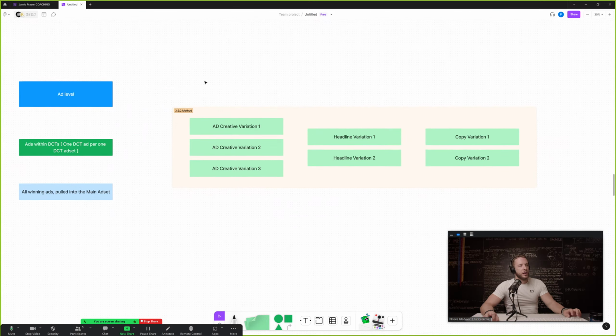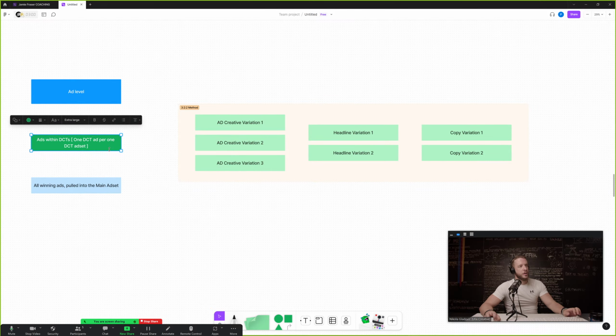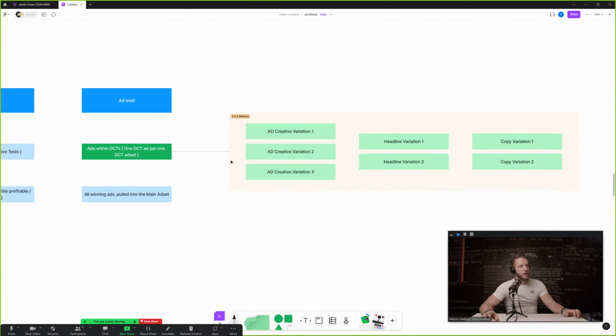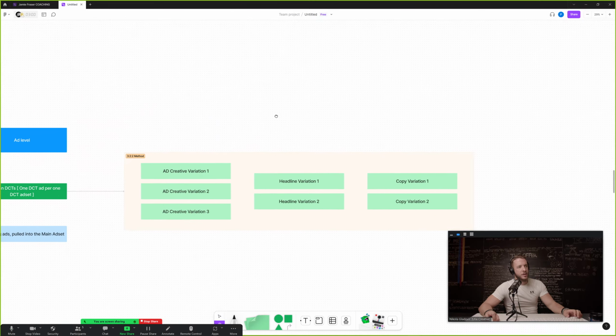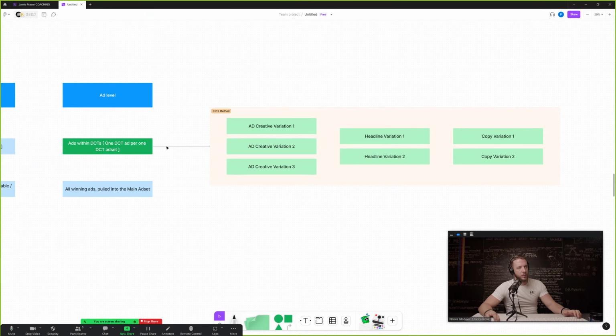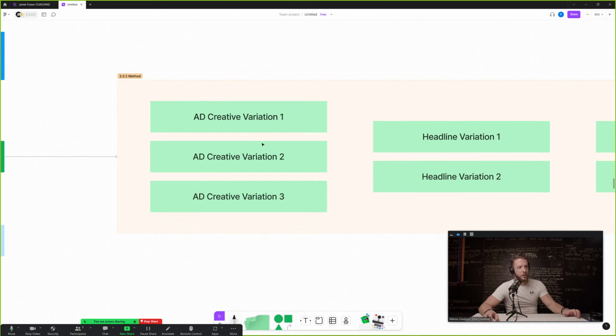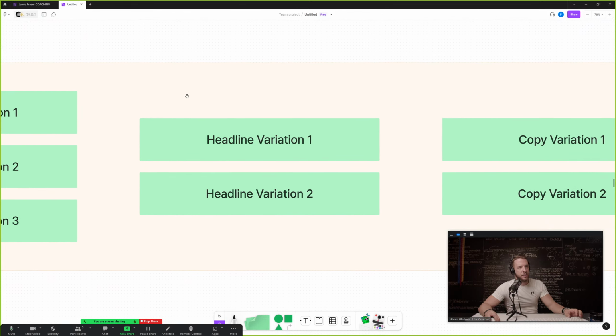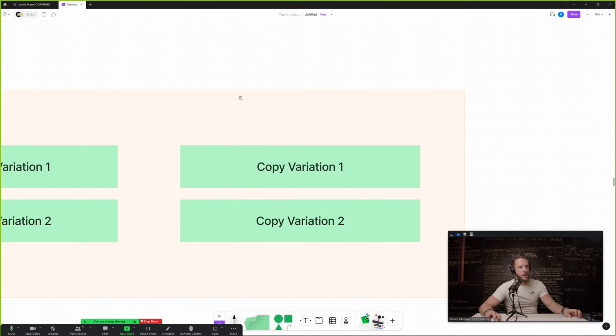So every DCT is built with a certain logic behind it, which is the 3-2-2 method. What is a 3-2-2 method? That means that every single DCT, dynamic creative test, is going to have 3 versions of the creative, 2 different headlines, and 2 different variations of the copy.